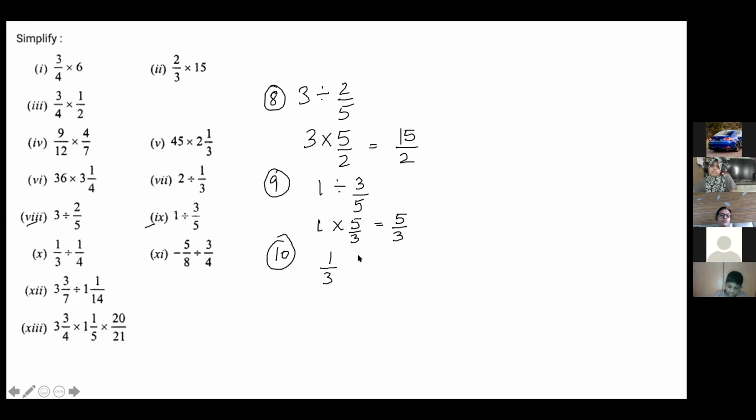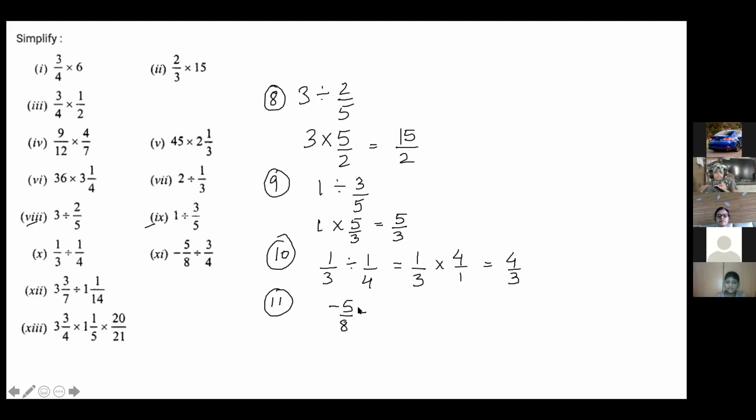You have to do it faster than me. Divided by 1. You have to tell me the answer first before I do it here. Ma'am, 4 upon 3. Yes. 4 upon 3. 11th one.